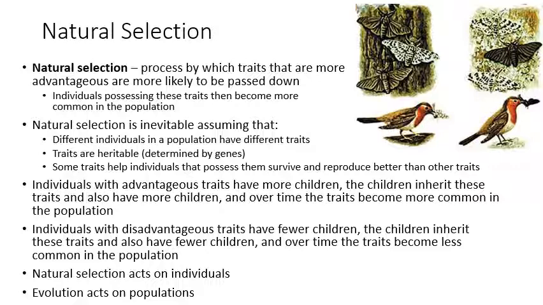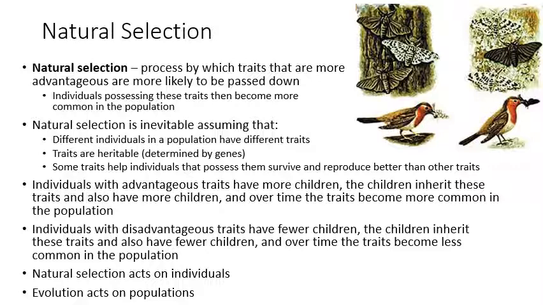So natural selection will actually occur inevitably if you have several different assumptions that are met. First, you have to have different individuals within the same population that have different traits and different characteristics. Second, you need those traits and characteristics to be heritable, which means they can be passed down to offspring, which means that they are genetically determined traits. So they're not based on things that happen to you in your life, they're based on your genetics.